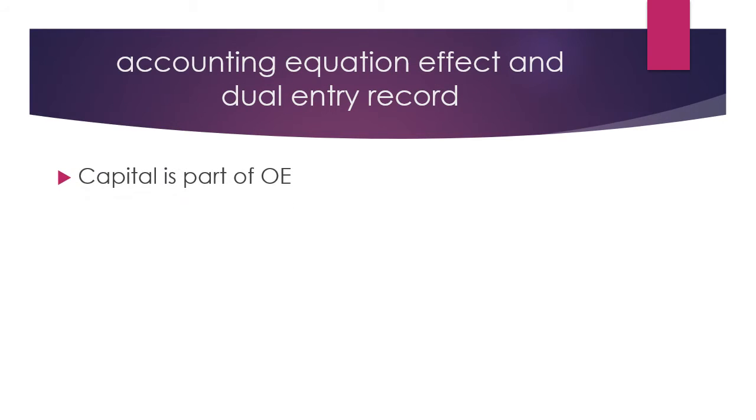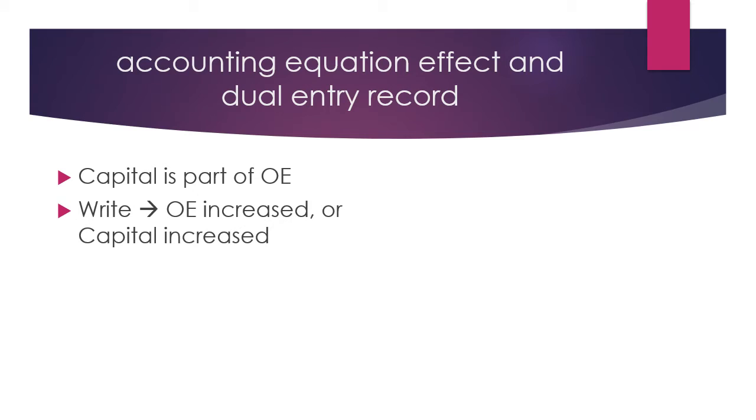So just now, using the formula, and once you have identified the accounting equation effect, you need to write what the accounting equation effect is and what the dual entry records would be. Capital just now is part of owner's equity. So when you say capital increase, you can also put owner's equity increase. Both are correct.